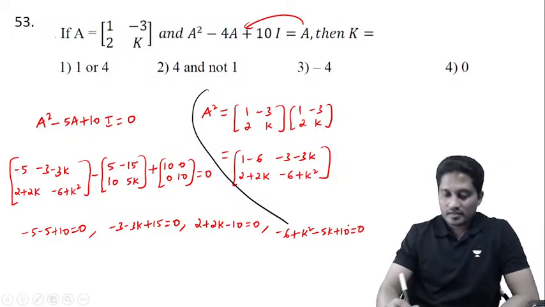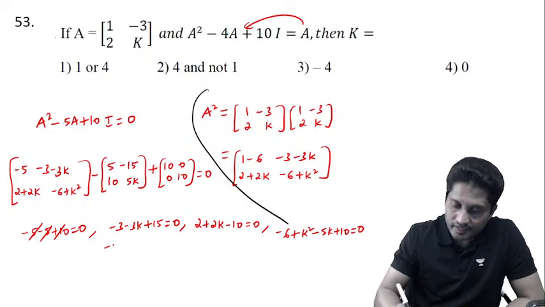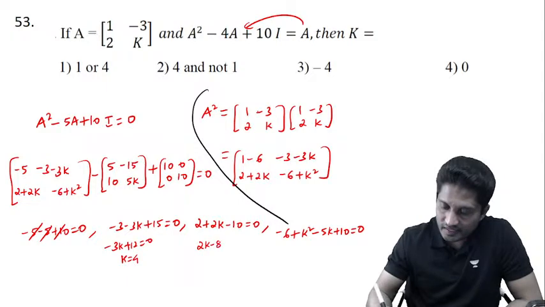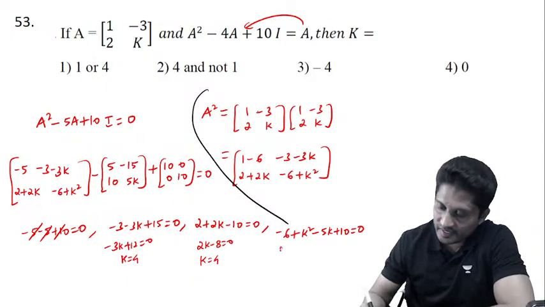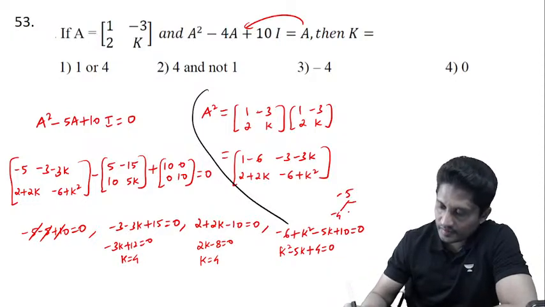Anyways this is 0, exclude. This will be equal to minus 3k plus 12 is equal to 0, k is equal to 4. Here you get 2k minus 8 equal to 0, k is equal to 4 only. Here if I take k square minus 5k plus 4 is equal to 0, minus 4 minus 1, so this is k minus 1 into k minus 4 is equal to 0.